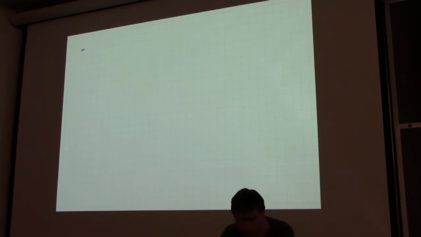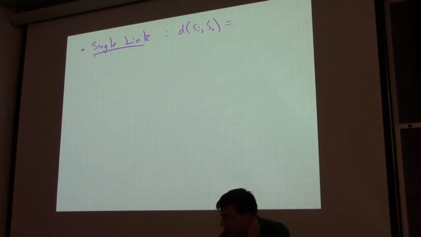This objective is called single link, and the distance between S_i and S_j is equal to the min over x in S_i and x prime in S_j of the distance between x and x prime.